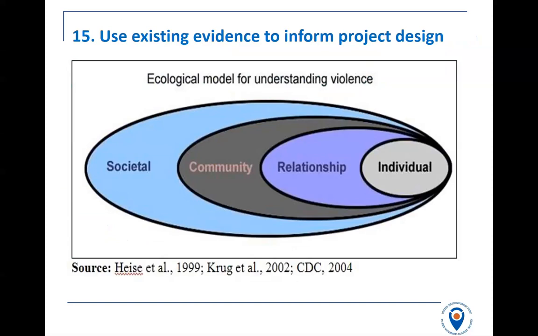You may need to help change the woman herself to have more empowerment. You may need to focus on changing relationships between men and women or within the family. You may need to focus on change in the community to make them aware of the rights of women, or you may need to make changes at the broader society level, an institutional level, in working with the government, for example.